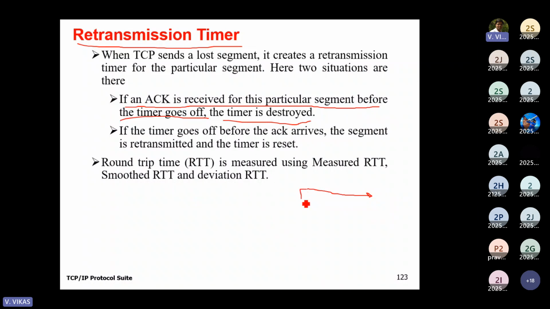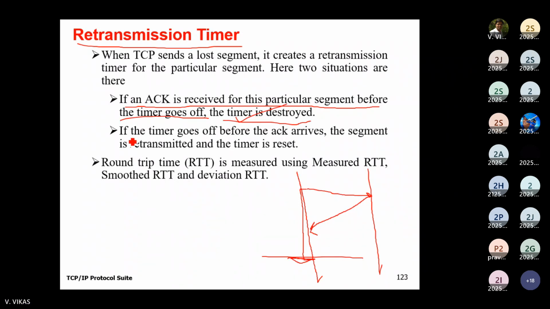I am considering the point where the retransmission timeout would happen. Within that, I get the acknowledgement. In that case, the timer will be destroyed, because there is no point in keeping the timer since we already received the acknowledgement.